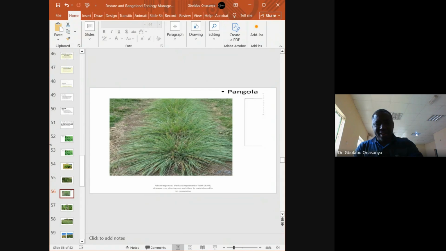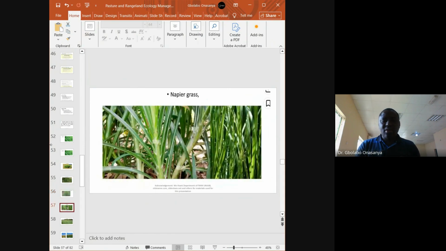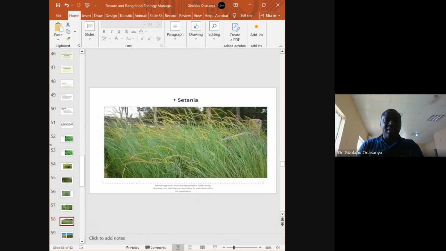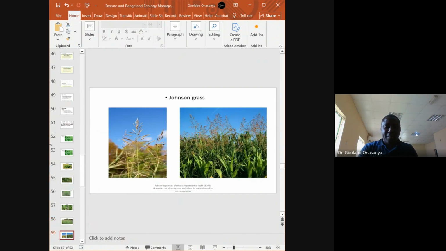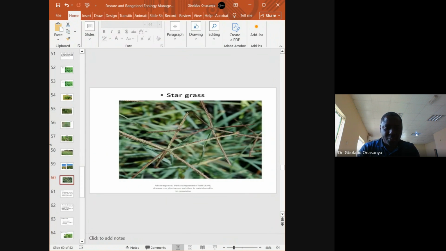Pangola grass, we can always find this around us. Napier grass. These are familiar. This is Sitania grass. This is Johnson grass. These are available around us. This is star grass. I have shown you earlier, just star grass. I'm sure you used to see this, isn't it? Even in front of the faculty, you can find this.